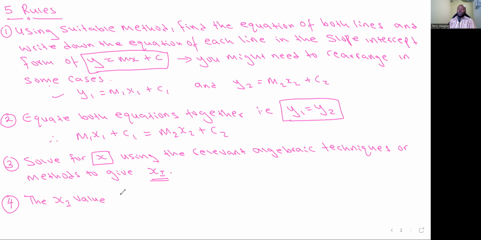So the xi value derived from step 3 is then substituted in any of the equations from step 1.